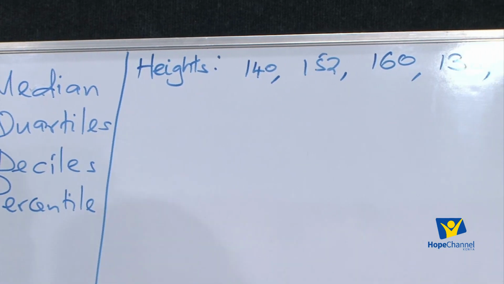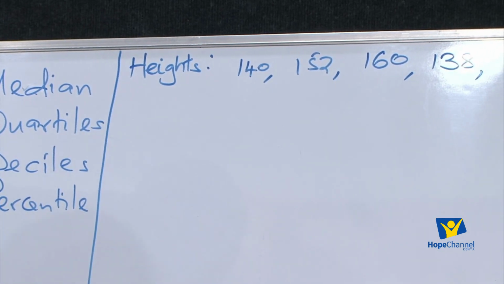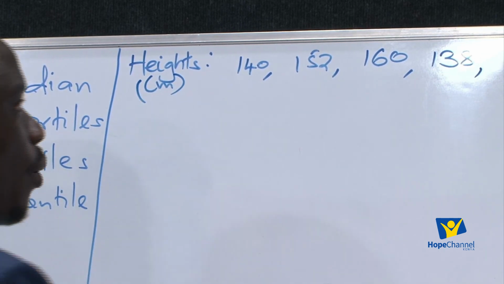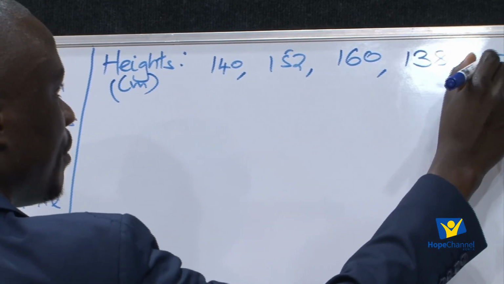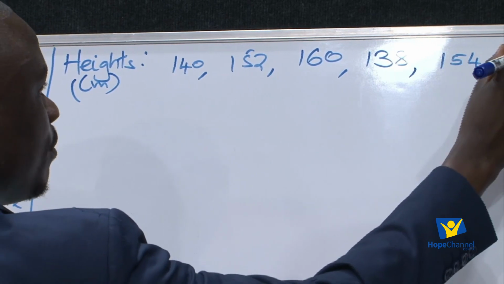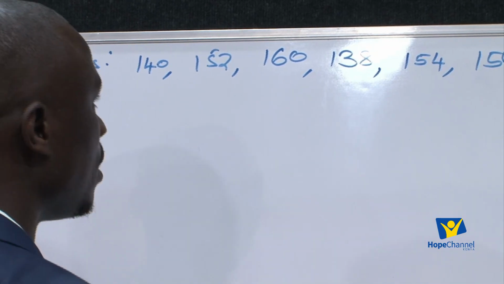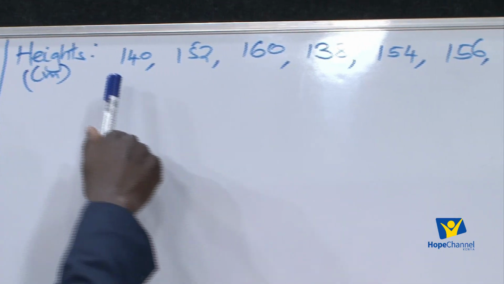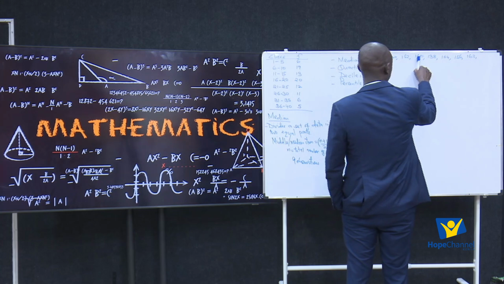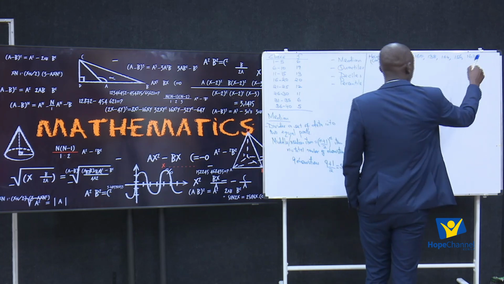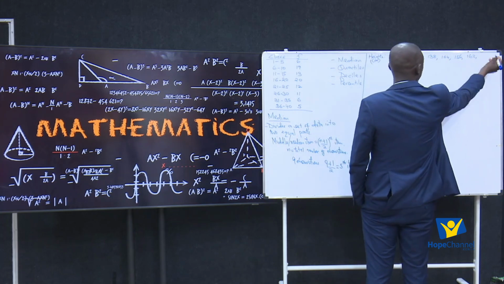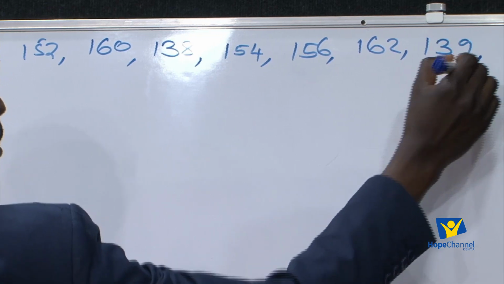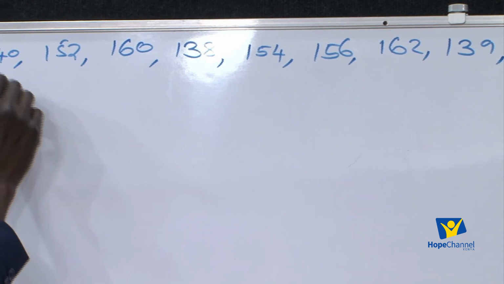I don't know who is 138 centimeters tall; these are heights in centimeters. Then we have 154, 156, 162. So these are how many students? 1, 2, 3, 4, 5, 6, 7. I want them to be 9. Then maybe 139. Then 142.